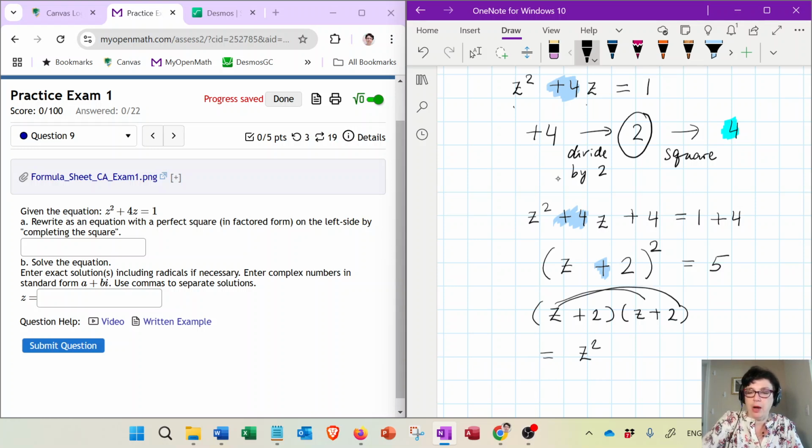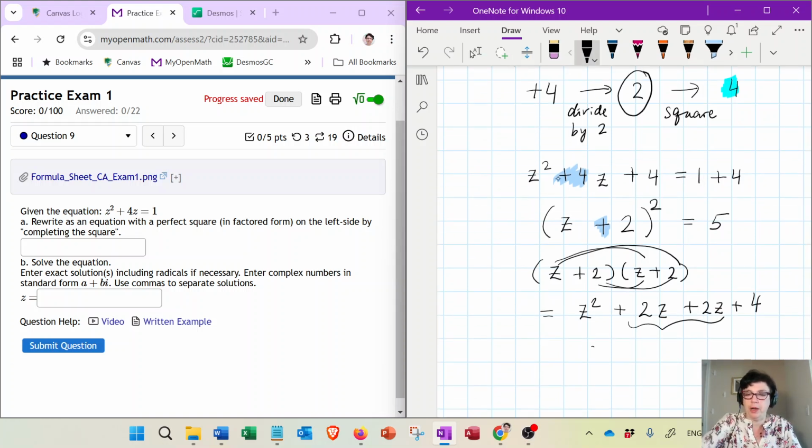Then outer, that's 2z, inner, another 2z, and then last, which is plus 4. These two like terms can be combined into 4z. So I know that what I did is correct. All I did is rewrite it in an equivalent form.